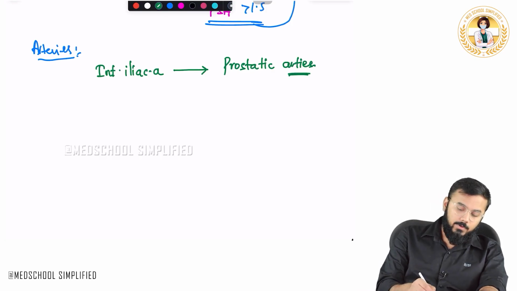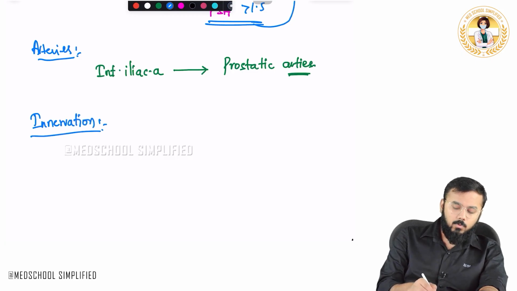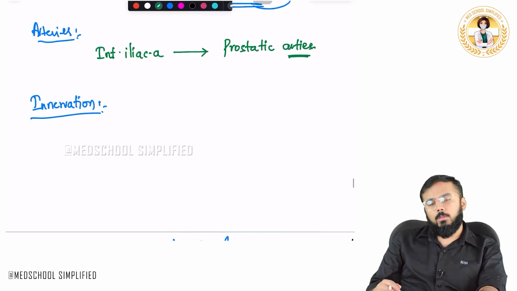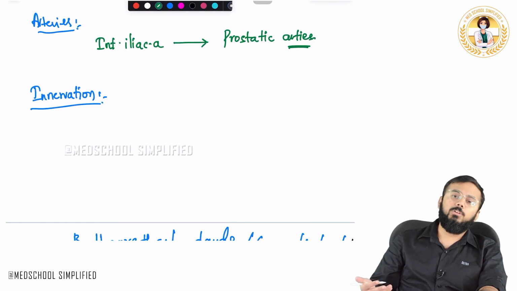Next, when it comes to the innervation, what nerves are innervating the prostate gland? What are the important nerves which you need to know? The sympathetic, parasympathetic and the sensory innervation. All these three are coming from which plexus?